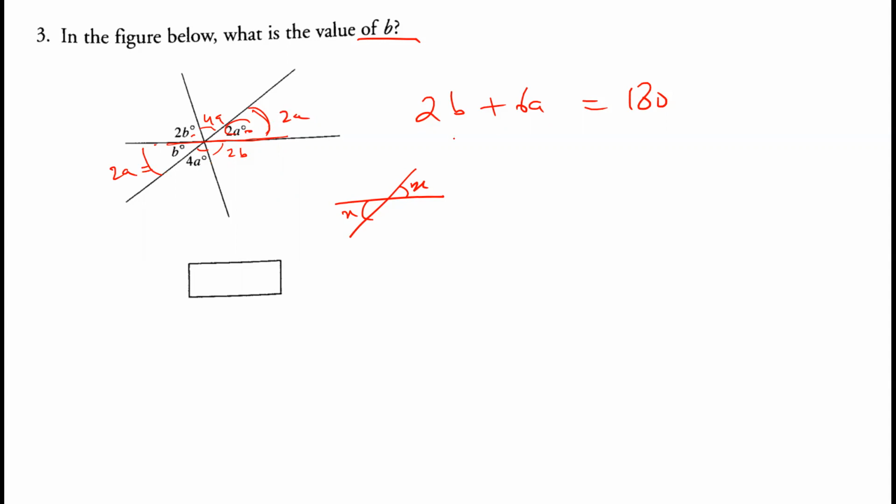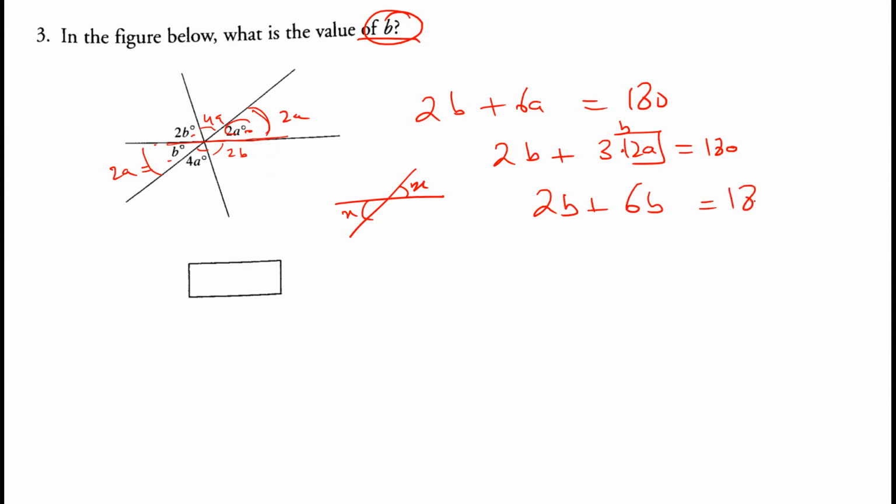Now 2A equals B, and we need to find out B. So we can write 6A as 3 into 2A, which equals 180 together with 2B. Now 2A equals B, so we can substitute B over here. Not 6B, sorry: 2A is B, so 6A is 3B.